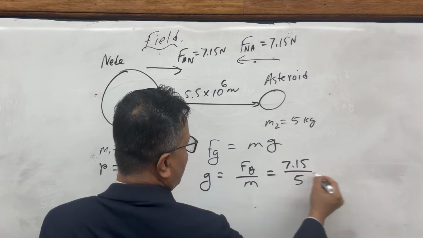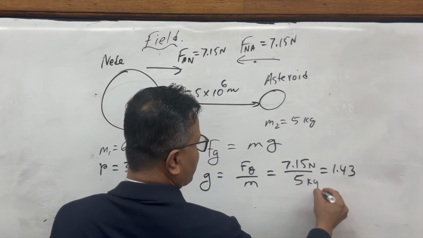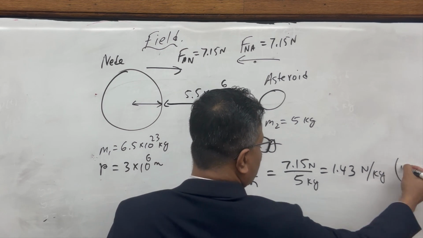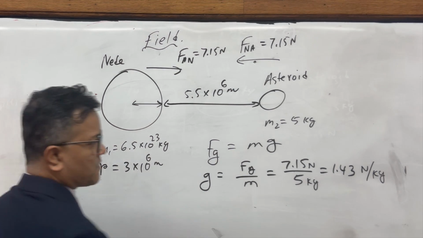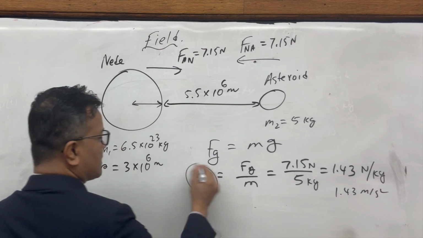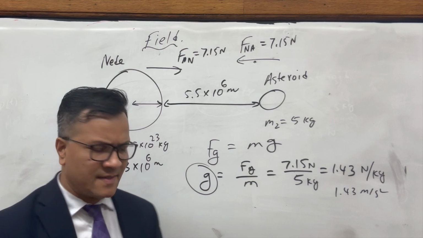And what is m? 5. This is Newton, this is kilogram. So Newton over kilogram, also known as meter per second squared. You can say 1.43 meter per second squared. So this is field. Another name for acceleration due to gravity is field.